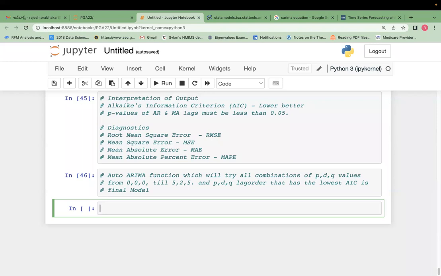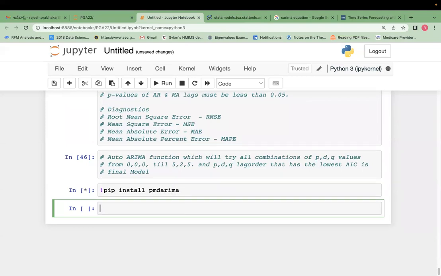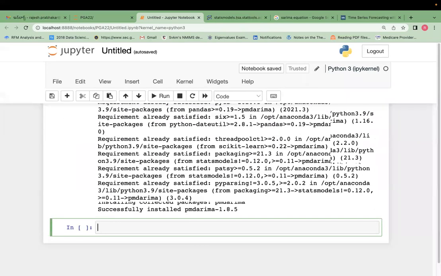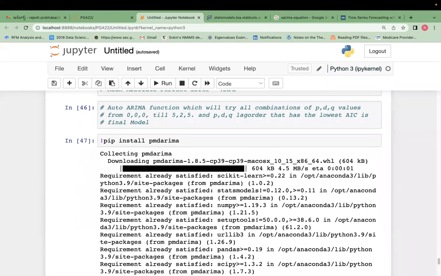So all of you install, exclamation pip install pmdarima. Exclamation pip install pmdarima.